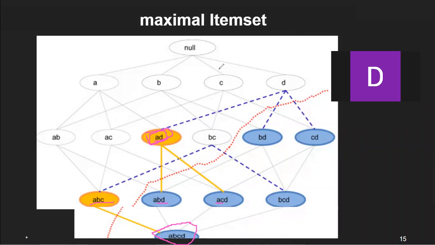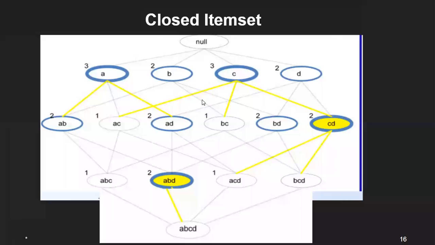Okay, now we'll focus on the next part. So my question is, I hope everyone is clear on this concept. Okay, this is a closed frequent item set. What is the definition of it? It is a frequent item set that is closed and its support is greater than or equal to the minimum support.